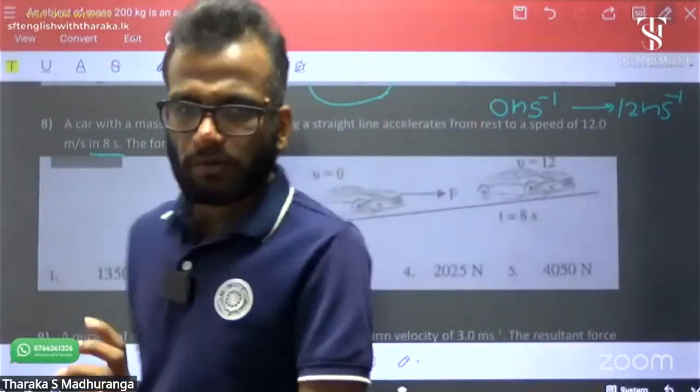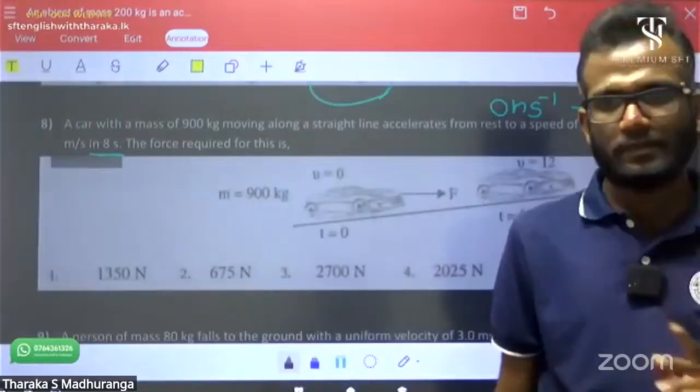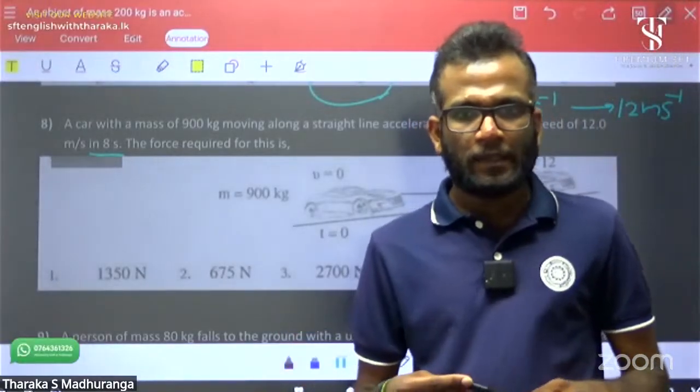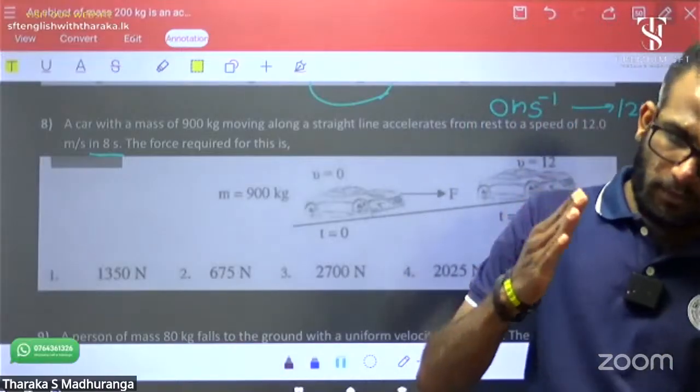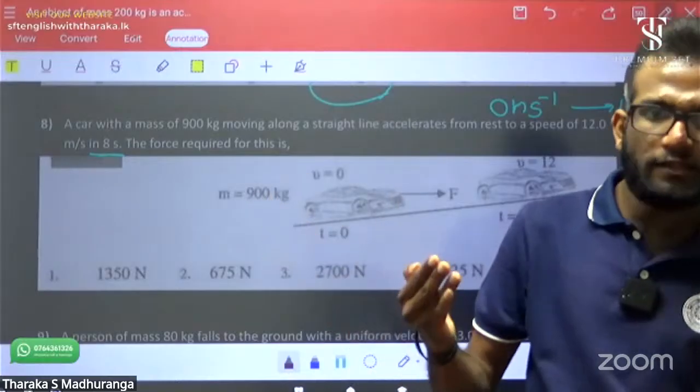What's the Newton's law? Ravindra, what's the Newton's law? It accelerates from rest to 12 meters per second within 8 seconds.